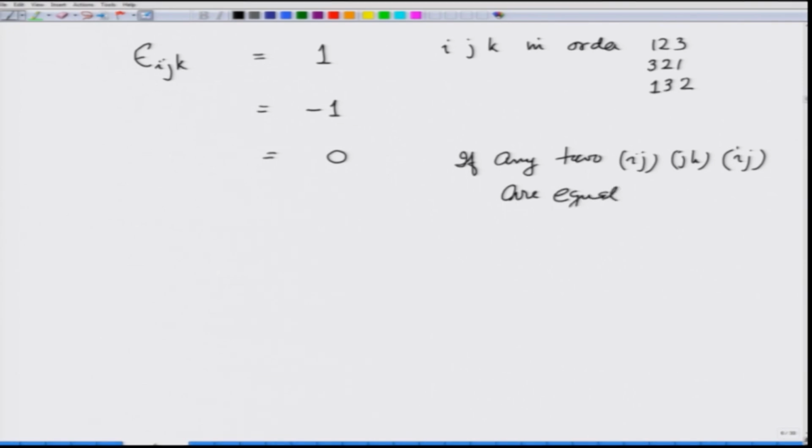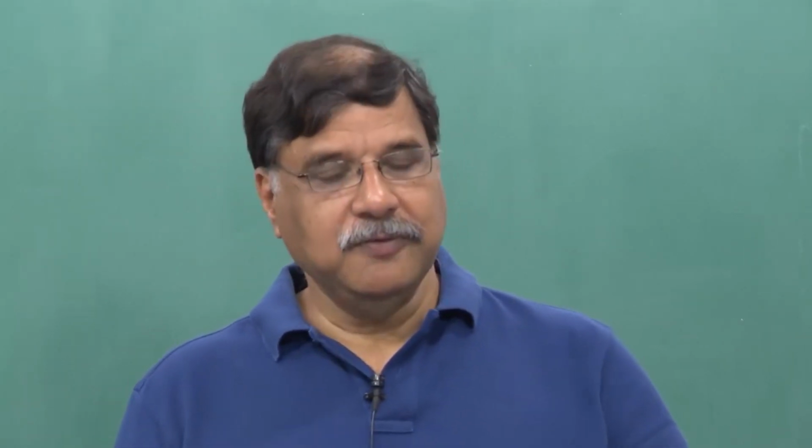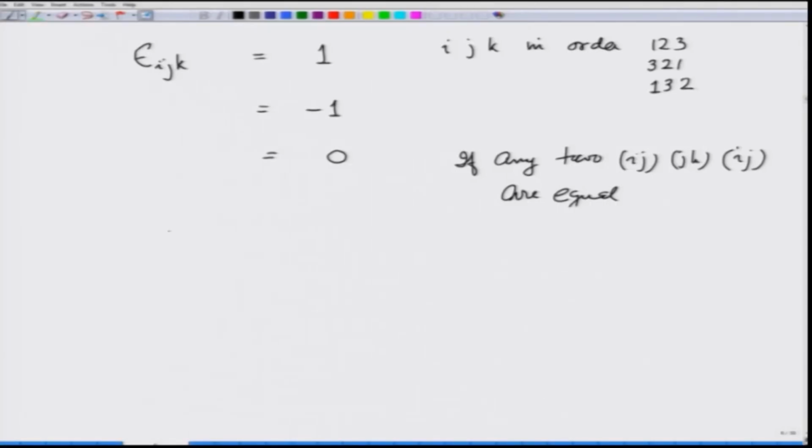If you find it a little difficult to remember, let me give you a trick. Let us write, let me take a different color, 1, 2 and 3 in clockwise fashion. And let us also write this in counterclockwise fashion, 1, 3, 2, traverse this in counterclockwise way.